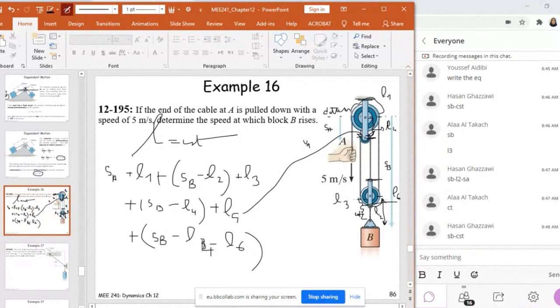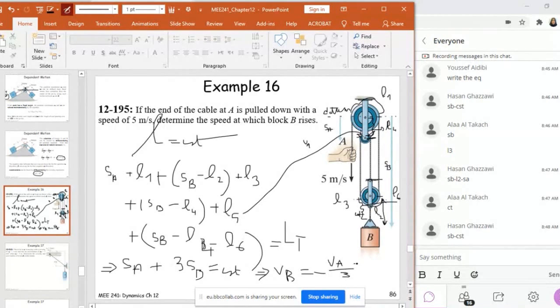So how many SB do I have in this equation? It's this SB, and this SB here, right? So I have 3 SB, and this would be equal to total L. And this means, guys, that SA plus 3 SB is equal to a constant, which also means that VB is equal to minus VA over 3.